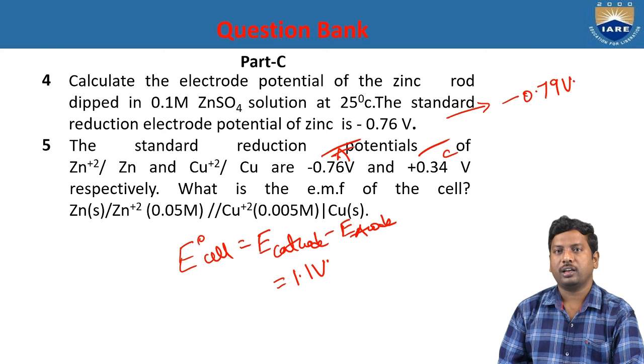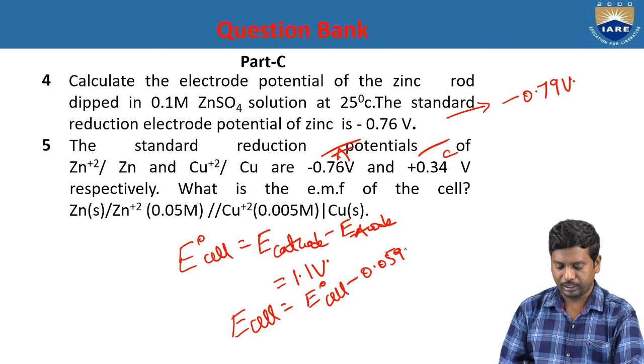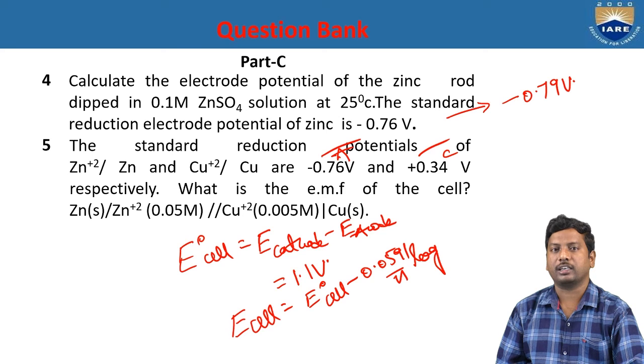Okay, and then we calculate the EMF of the cell by applying the formula E cell is equal to E naught cell minus 0.0591 by n log of concentration of products by concentration of reactants.